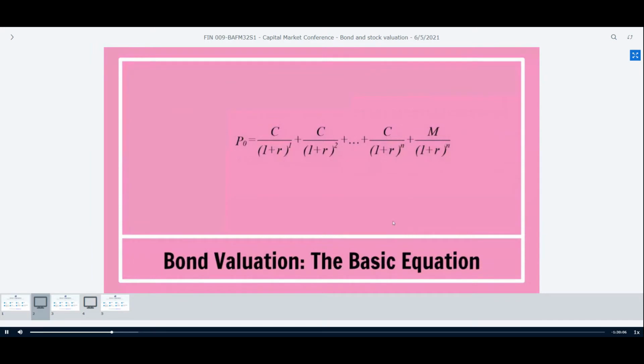Now, in this class, in bond valuation, we have this basic equation. We've talked about this a lot of times, but let's have another example. No, remember when we're talking about P0, this is the price, the current price.